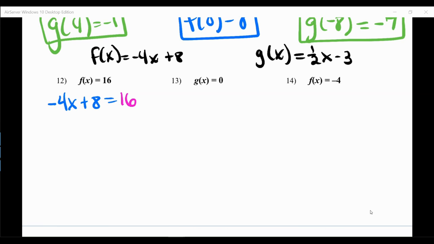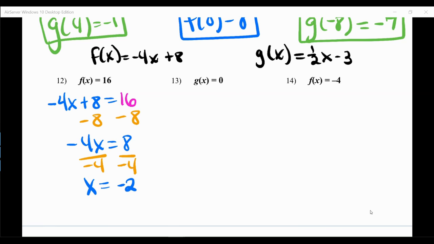So we replaced f of x with 16, and now we want to solve for x to determine our input value. So we get an x value of -2.